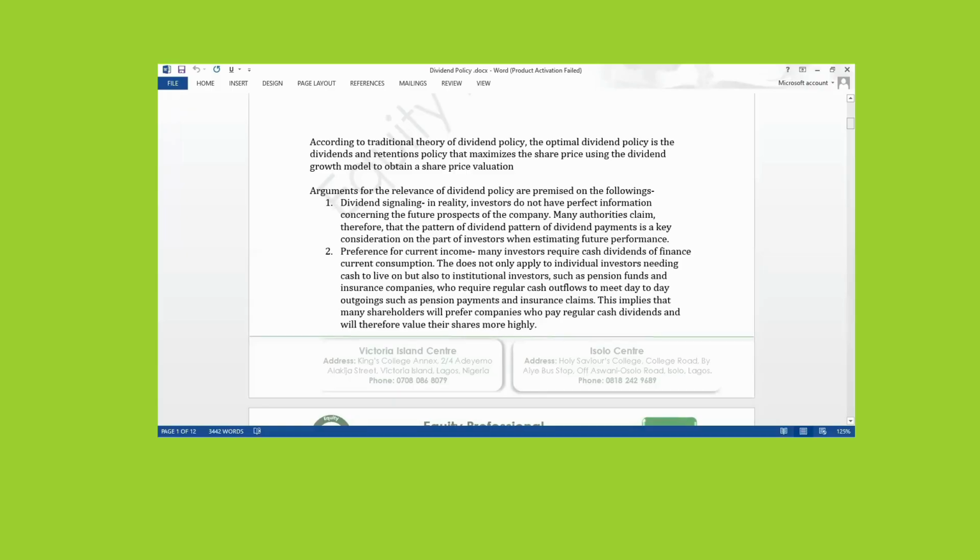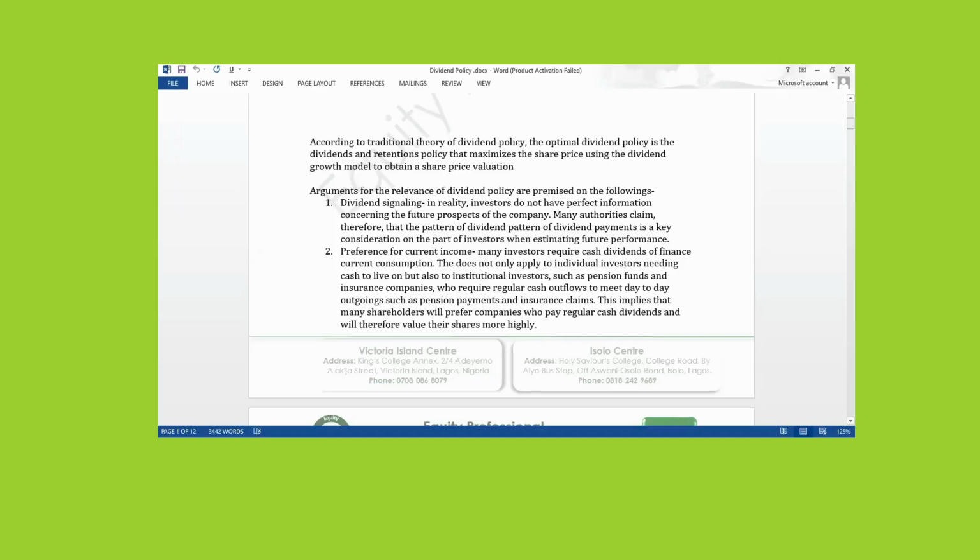If somebody is giving you money regularly, you are going to believe that that person is doing well. Dividend on its own is a means of communication.